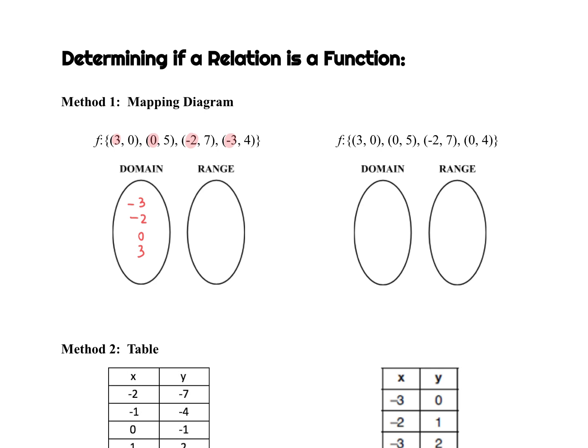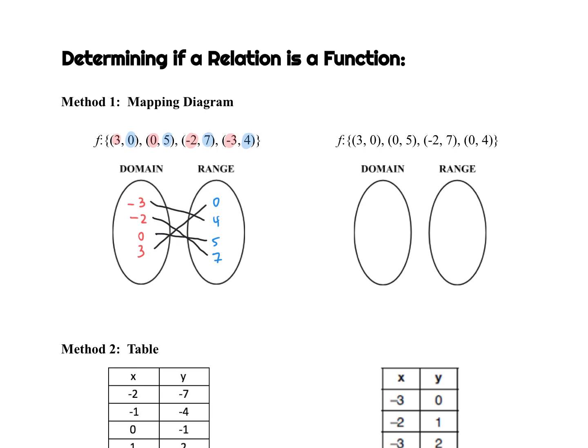And then your outputs, your range values, are going to be your y values. And again, I'm going to list them in order, 0, 4, 5, and 7. And then what we want to do is we want to draw lines from the domain to the matching range. So for example, 3 goes with 0. I got that from right here. 0 goes with 5. -2 goes with 7. And -3 goes with 4.